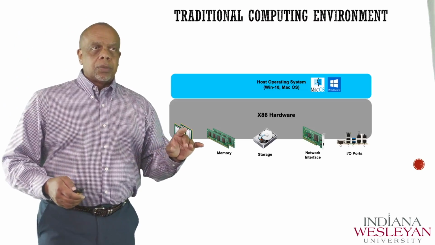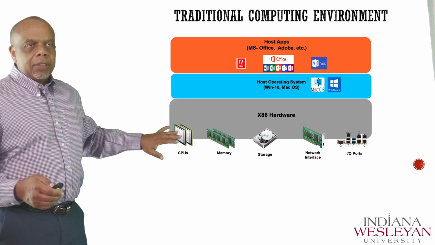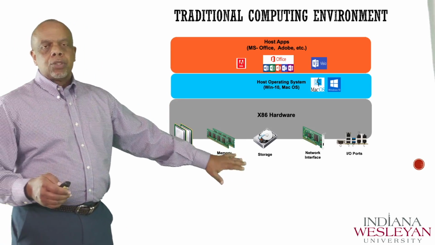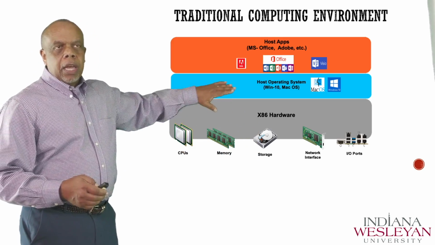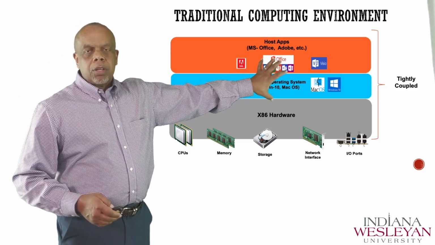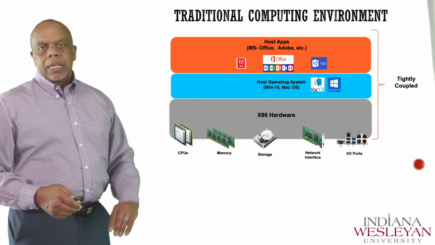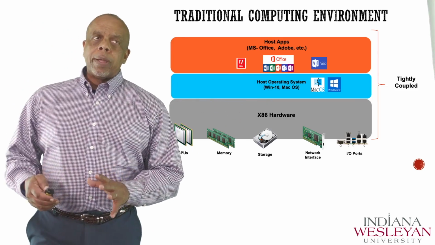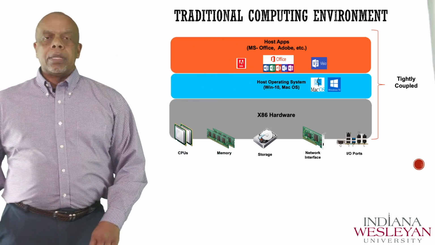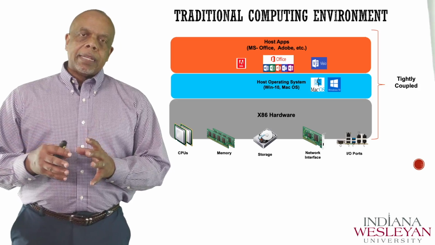So here's just a better breakdown of your different components, your CPU, memory, storage, and on up the stack like we just talked about. Here again, tightly coupled. That operating system is sitting directly on top of that hardware, and the applications sitting directly on top of that operating system. Everything is tightly combined together.